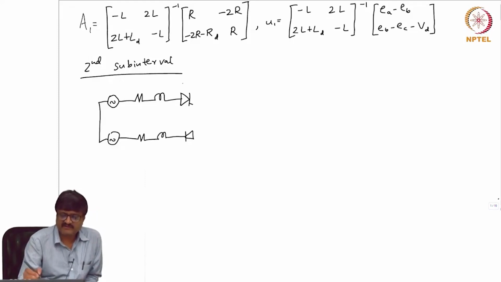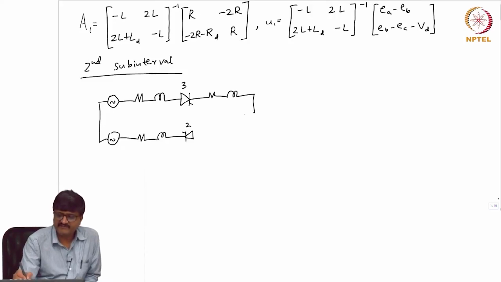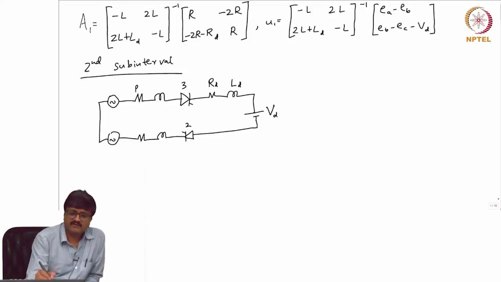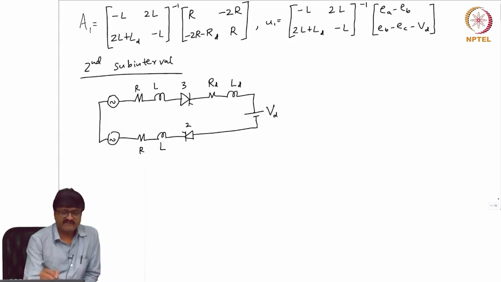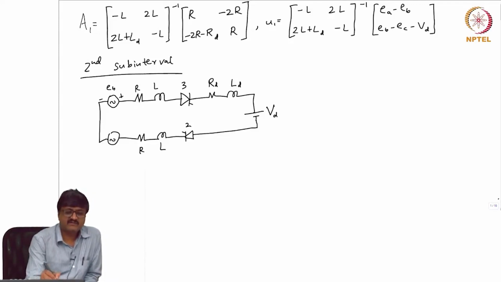So, 2 and 3 valves conduct. This is valve 3, this is valve 2, and I have RD, LD and VD on the DC side, and RL, RL. So, I have EB and EC, the two voltage sources in this.